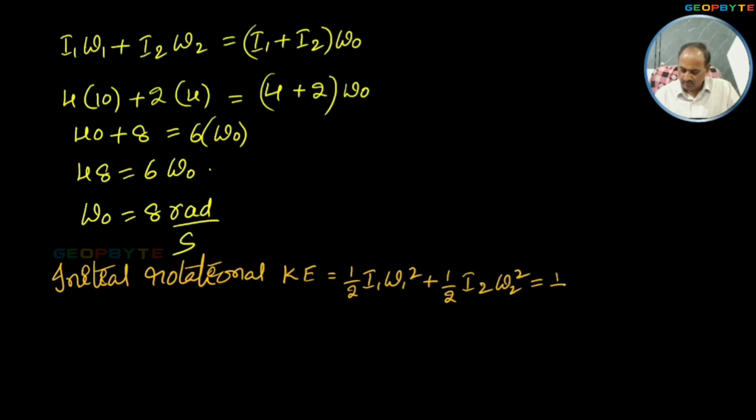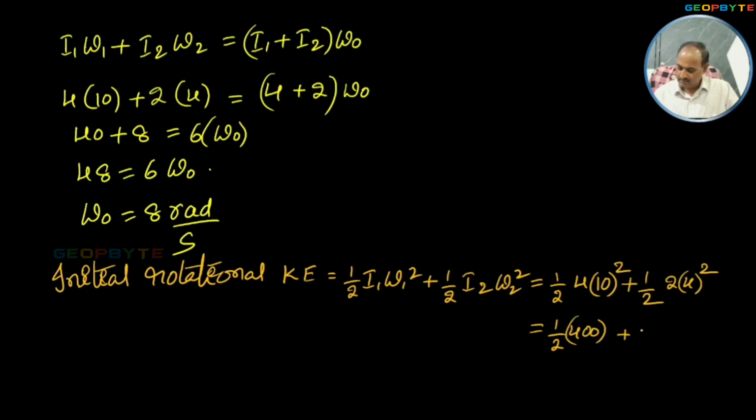It is equal to half into 4 into 10 square plus half into 2 into 4 square. Simplify this value. It is half into 400 plus 32 by 2, which is 216 joules.